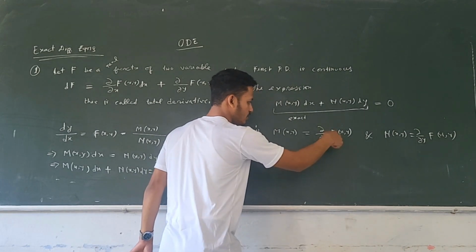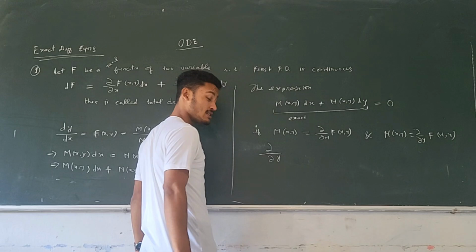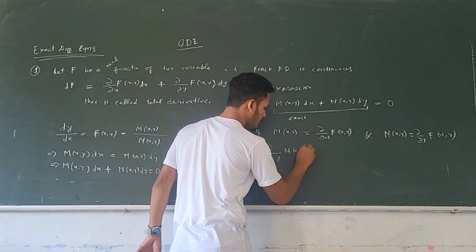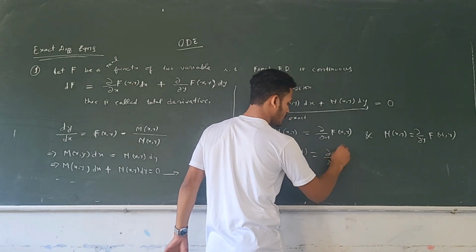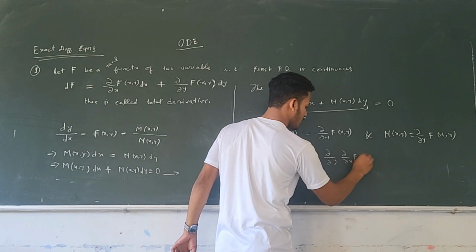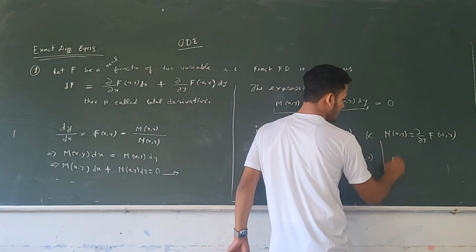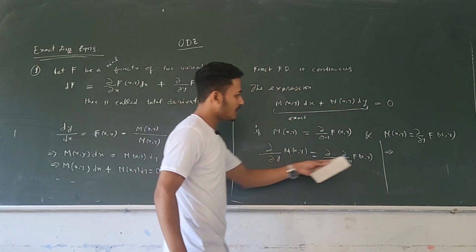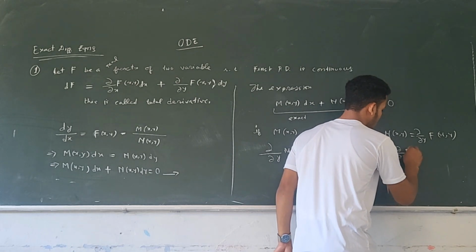It is already derived with respect to x. Now derive with respect to y, M of xy, and it will be equal to del del y of, already it is del del x f of xy. And this with respect to y and this with respect to x, del del x of N of xy.